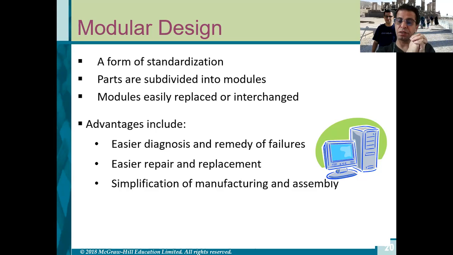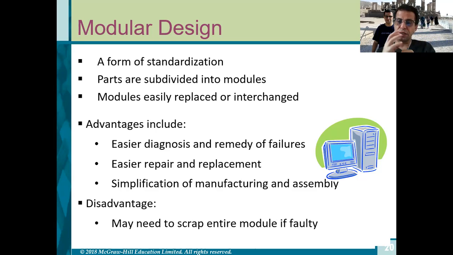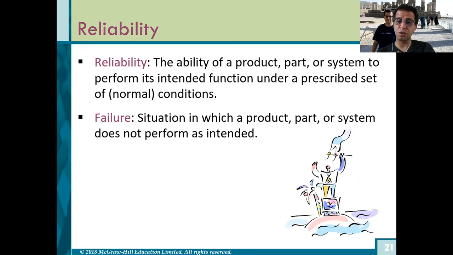Also simplification of manufacturing and assembly. The disadvantage: you may need to scrap the entire module if there is a fault. Especially in cars, sometimes you scrap a big part of the car if one small piece is faulty. That happens a lot in the airplane industry.